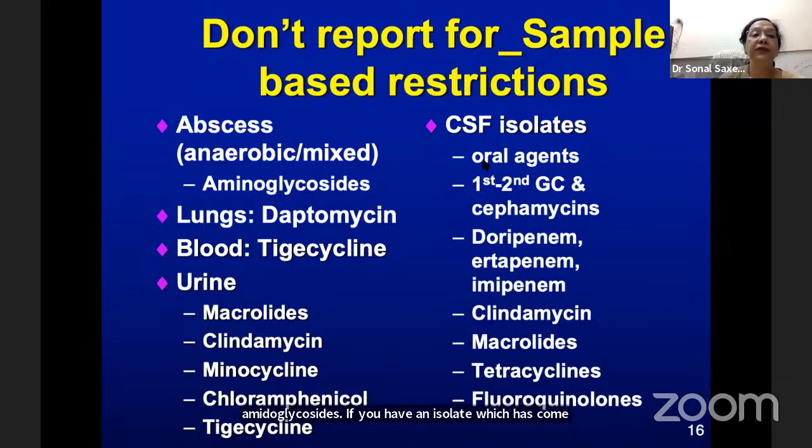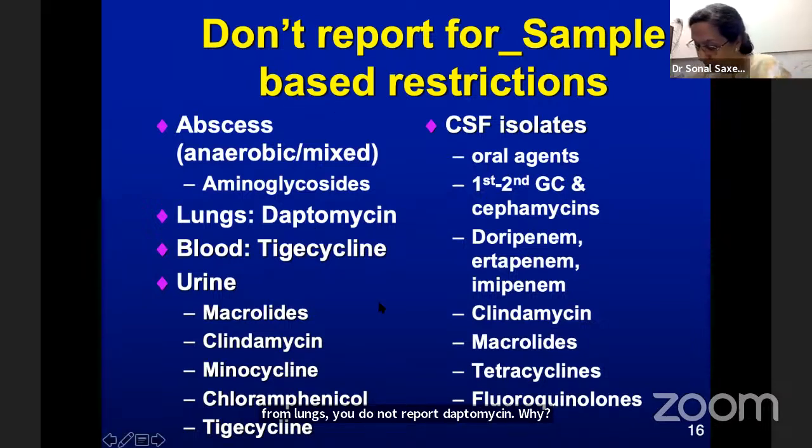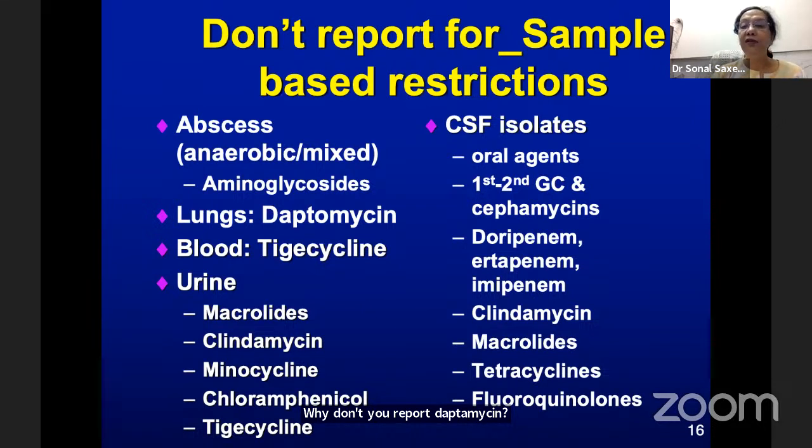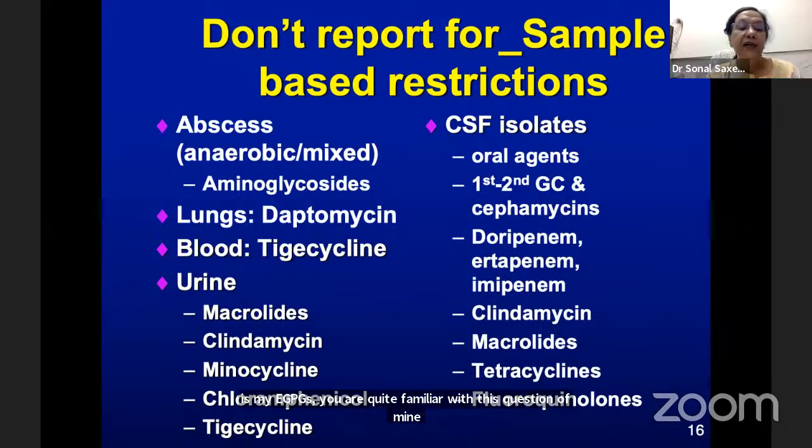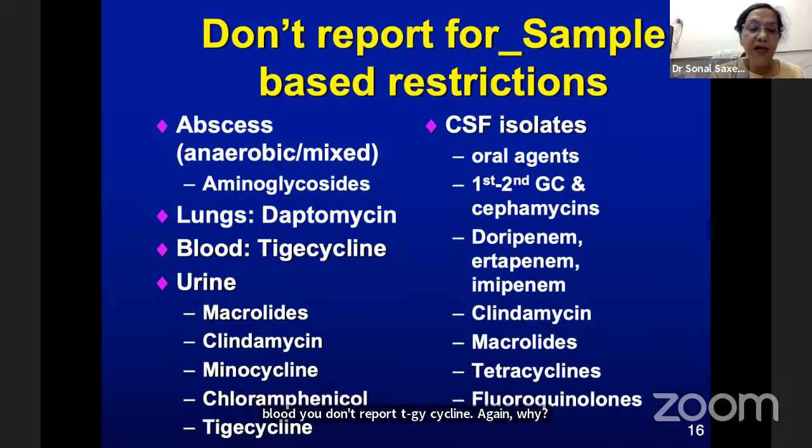Why don't you report daptomycin? Anybody, my PG students? You are quite familiar with this question of mine. Blood, you don't report tigecycline. Again, why? Urine, you don't report macrolides, clindamycin, minocycline, chloramphenicol, and tigecycline. Whereas in CSF, you don't report any of these.